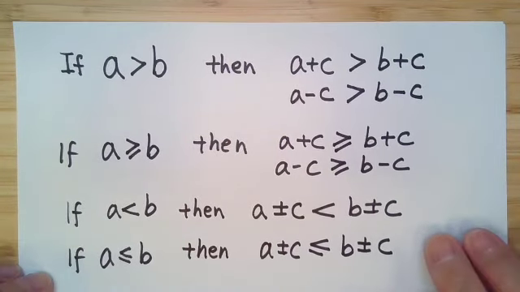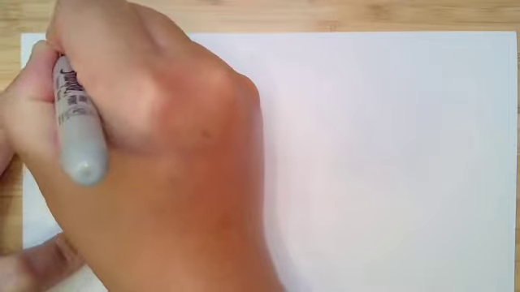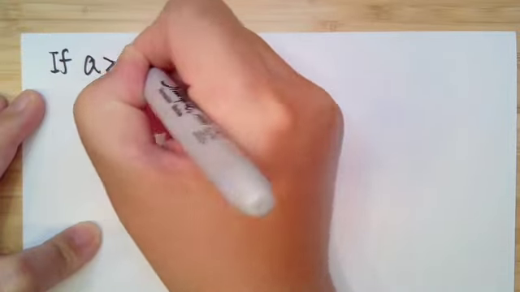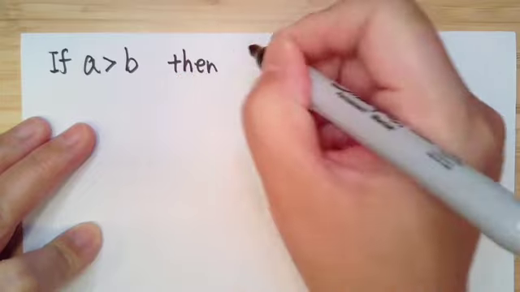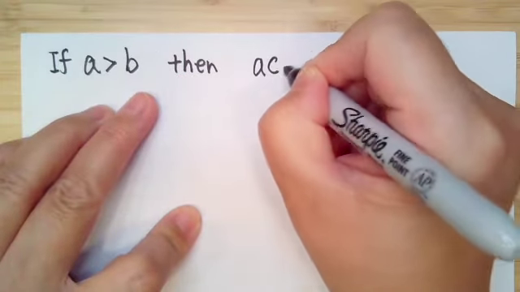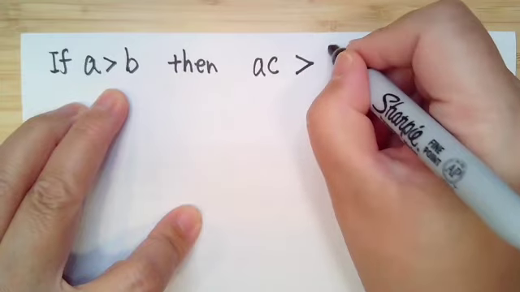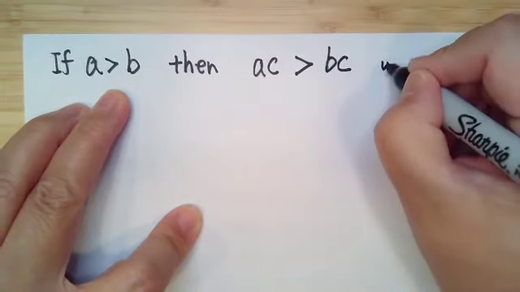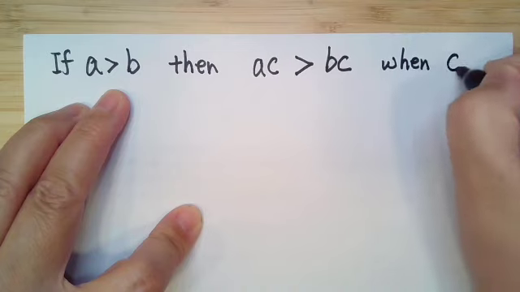Before we go ahead, let me talk about multiplication and division. Do you remember when you have an equation A equals B, then on both sides you can multiply by or divide by the same amount? Of course, the denominator is not 0. Then you still have the equation. However, for multiplication, it's different. So if A is greater than B, then AC, you think it's going to be greater than BC when C is positive.